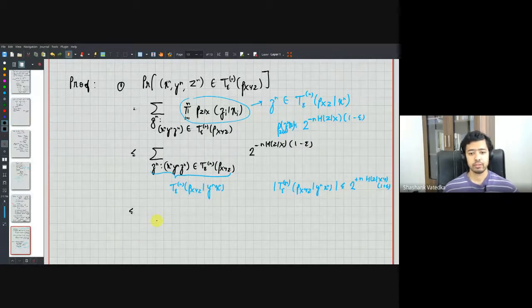The term within the summation is independent of the particular z, so we can just take it outside.